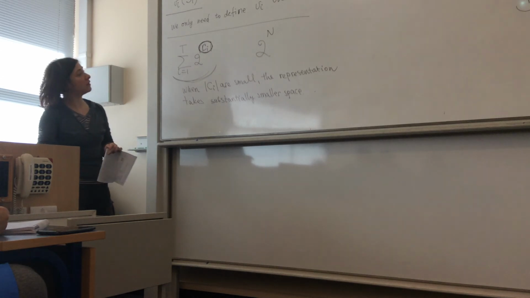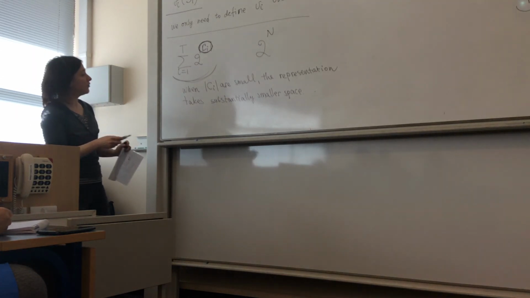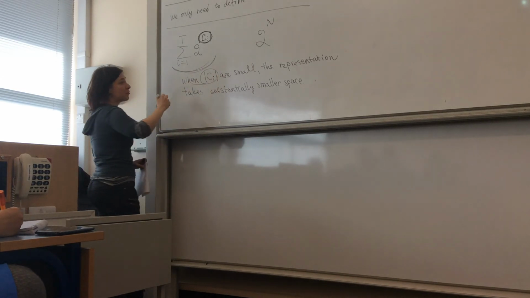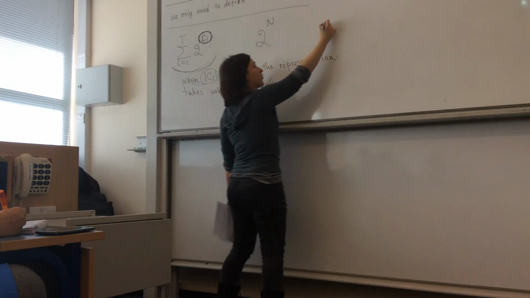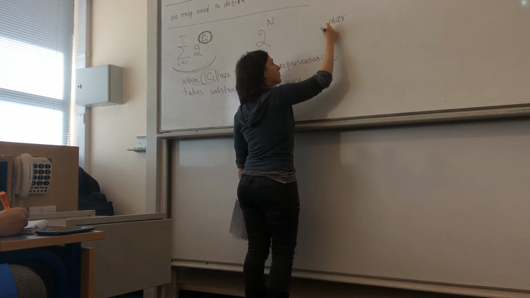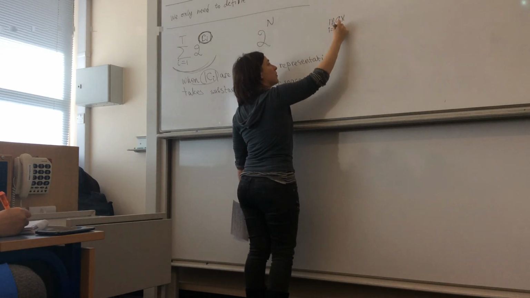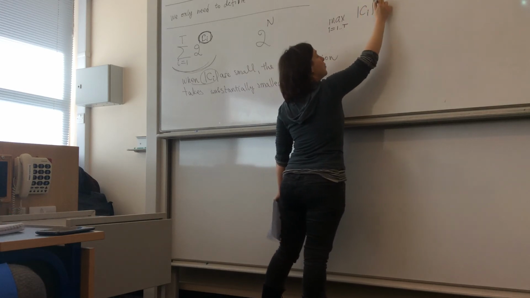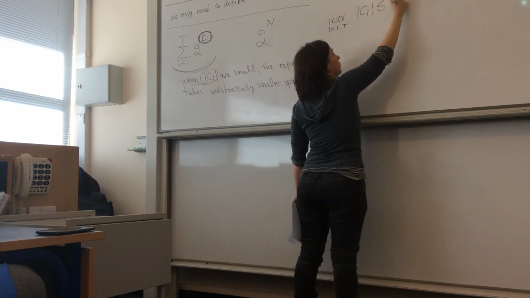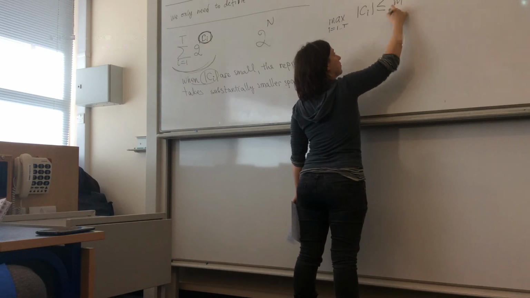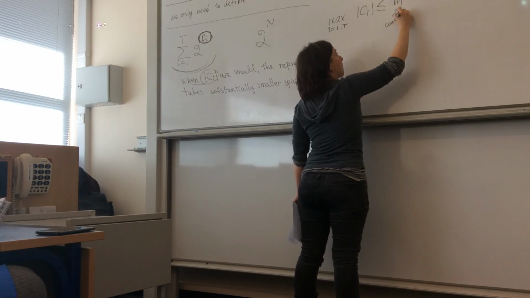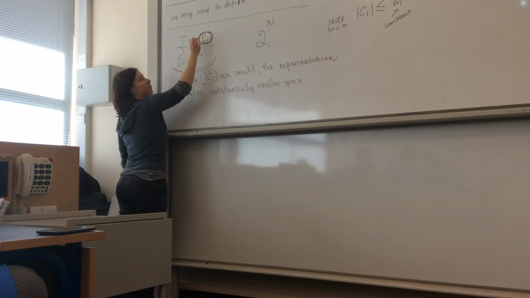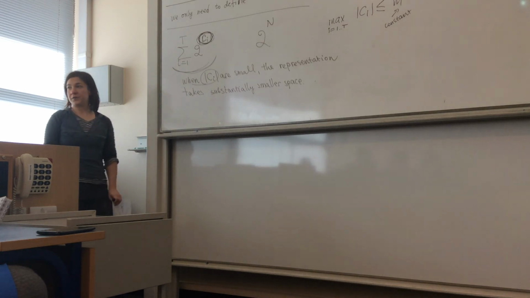And the advantage that we get is that in those situations where these are small numbers, let's say that the maximum of the sizes of these coalitions is bounded by some constant, then here we have a constant bound.